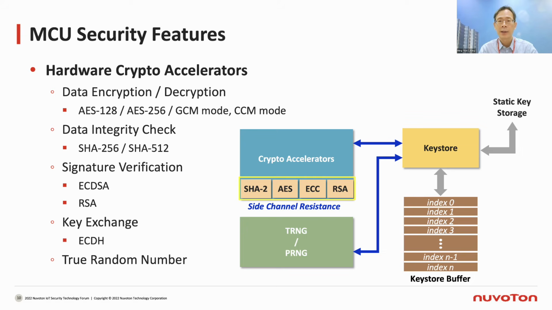These hardware accelerators are also designed with protections against side-channel attacks. Using hardware accelerators allows the processor to focus on handling application data transfers and computations, thereby improving the execution efficiency of IoT devices.